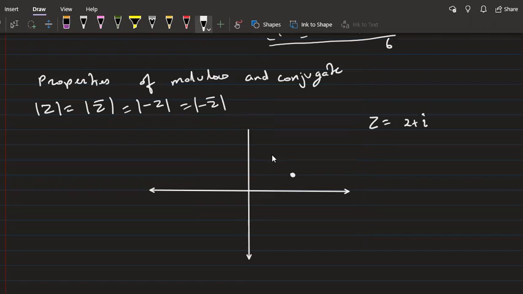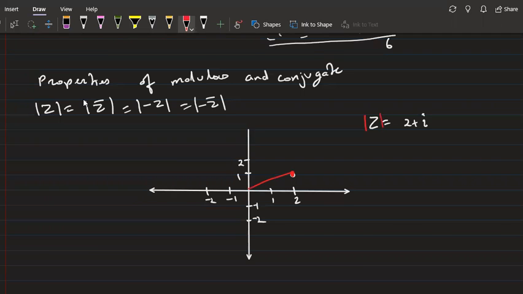Yes or no? It will be somewhere here. This is your 2 units, 1 unit. Got it? Yes or no? So what is the mod of z? Mod of z is nothing but this distance. Okay? This distance.